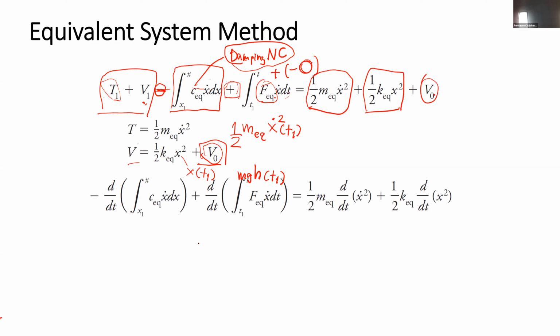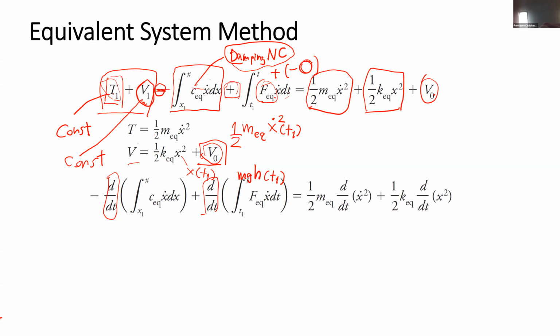By doing the first time derivative of the initial kinetic energy, the T1 is a constant. We can compute the value of the kinetic energy at the initial state. The potential energy at the initial state is also a constant.